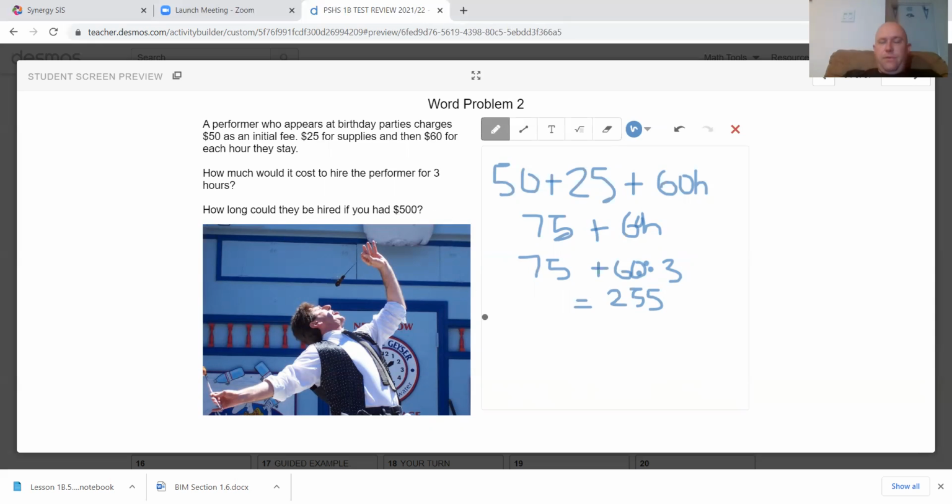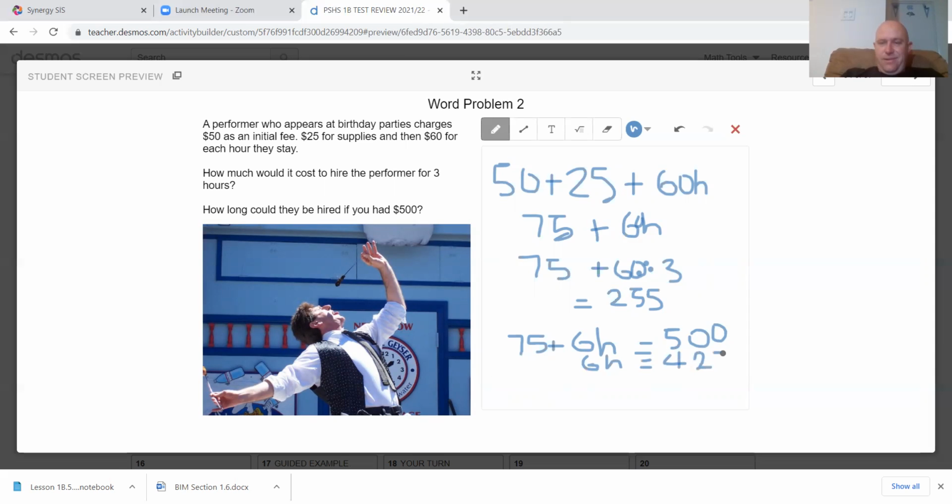How long could they be hired for if you had $500? So I would set this equal to this. 75 plus 60H. And you want to spend the whole $500? Sure, let's put equal to $500. Now, as I'm running out of space here, if you subtract 75 from both sides, you get 425. So we're subtracting 75.